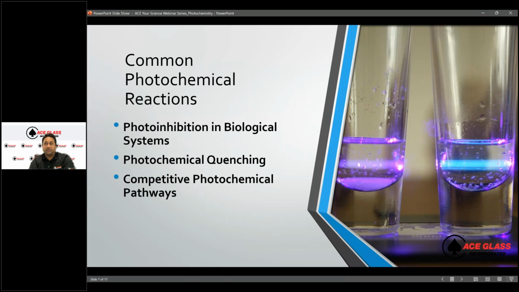I just want to touch on photochemical quenching a little bit because I have a little bit of personal knowledge on that. It's really interesting how photons of light can either inhibit or promote a chemical reaction. In this specific application, it's all focused on inhibition.